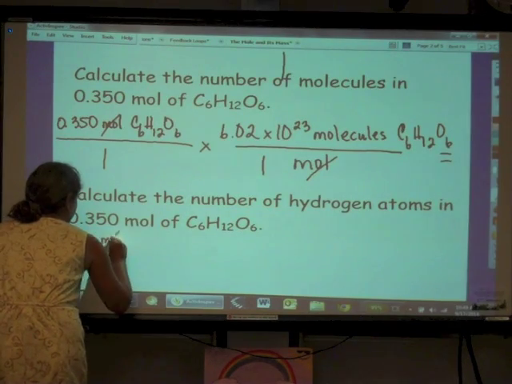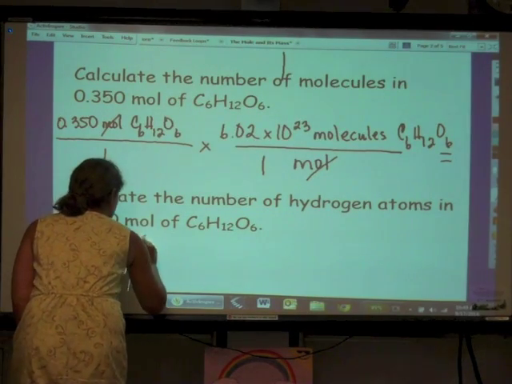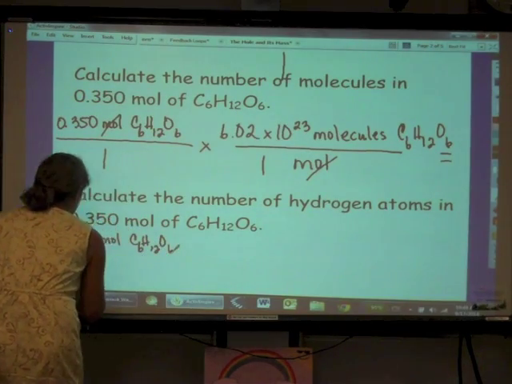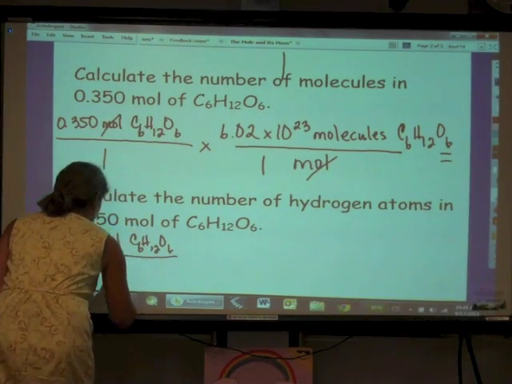0.350 moles of C6H12O6, and I'm going to put it over 1.